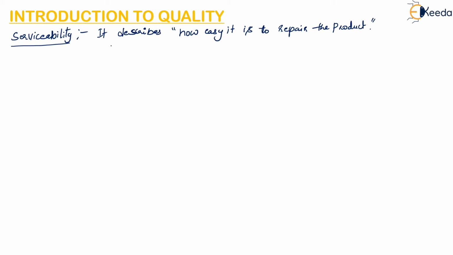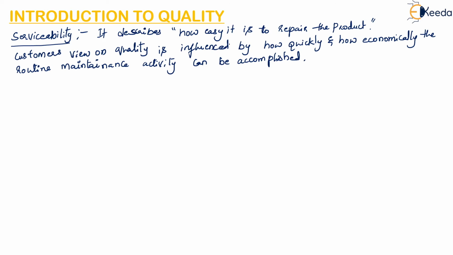So when you purchase a bike, you will go for services now and then. The customer's view on the quality will be influenced by how soon they can service the bike and return it to you, and how much it costs to service or do routine maintenance of your bike. So this is the serviceability. The example I have given is the service of your bike.